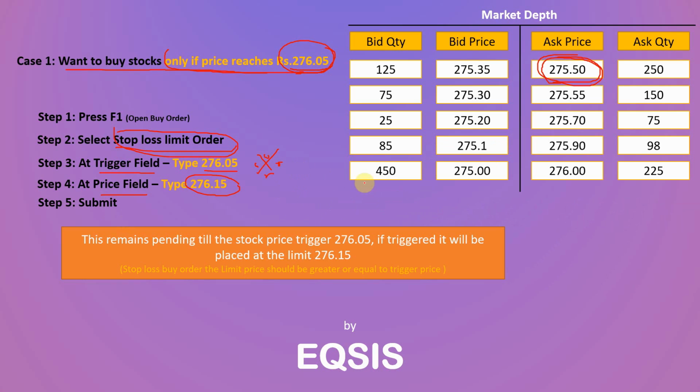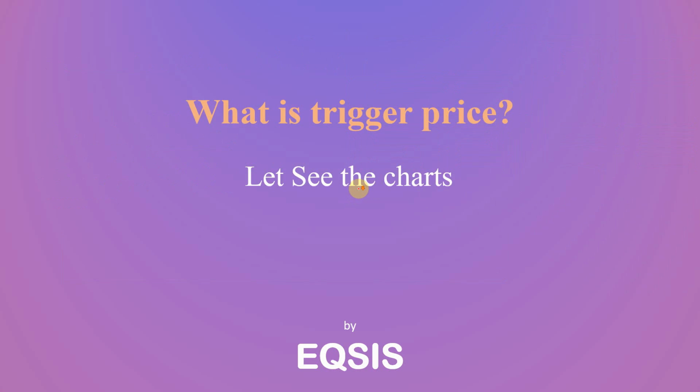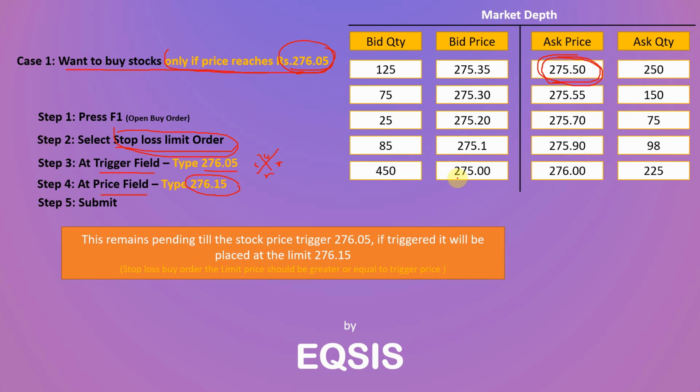So I think I can explain this with even more examples as we go. But you need to first understand what the trigger price is. Then only can I explain how to place it. In this case, let's go back to this example. The stock is trading at the rate of 275.35 and 275.5, but we want to buy shares only above 276.05, or only when the price reaches 276.05.